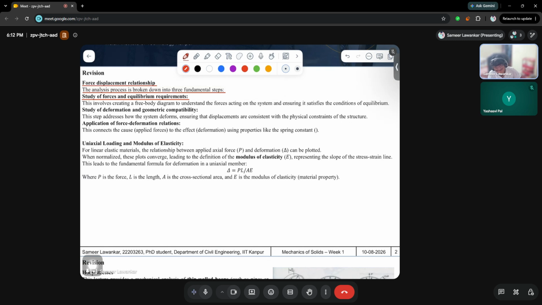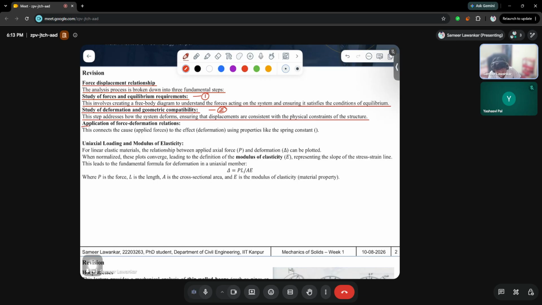The study of forces and equilibrium requirements involves creating a free body diagram to understand the forces acting on the system and ensuring it satisfies the conditions of equilibrium. The second is the study of deformation and geometric compatibility. This step addresses how the system deforms, ensuring that displacements are consistent with the physical constraints of the structure.